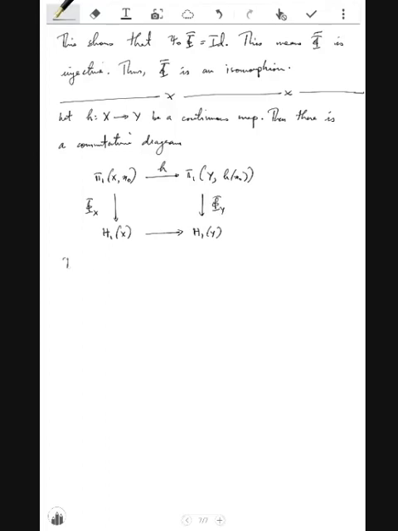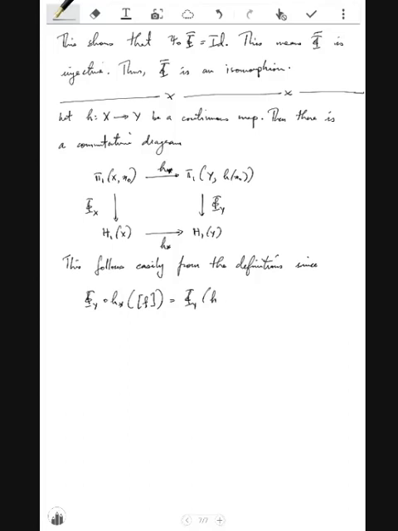This follows easily from the definitions, since phi Y composed with h star of a loop f is equal to phi Y of h composed with f.